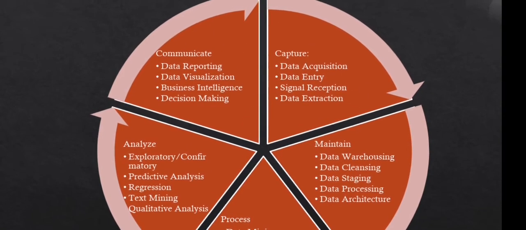Lastly, we have communicate: data reporting, data visualization, business intelligence, and decision making. In this final step, analysts prepare the analysis in easily readable form such as charts, graphs, and reports.